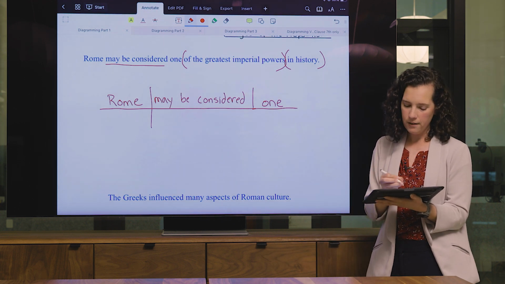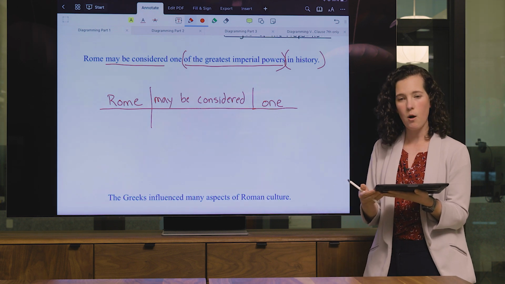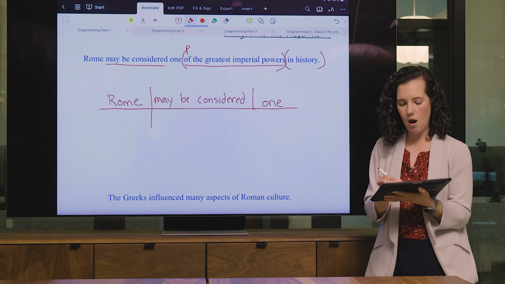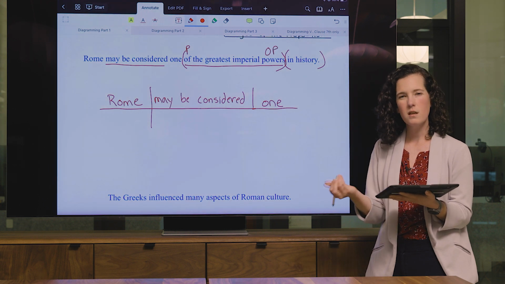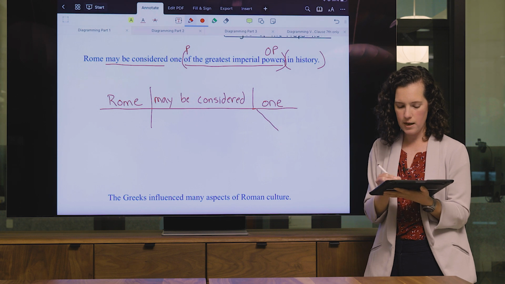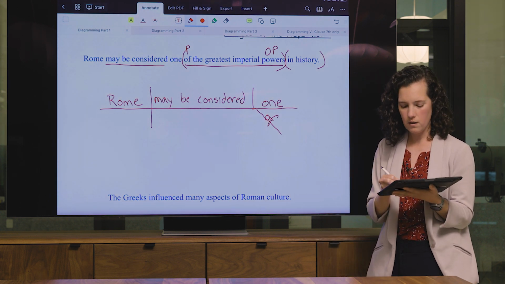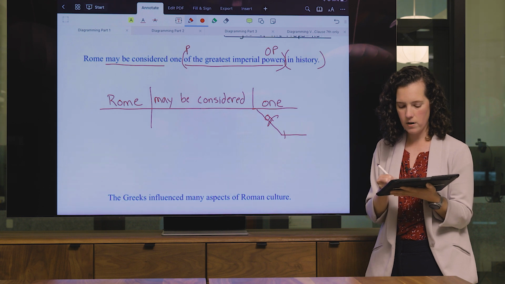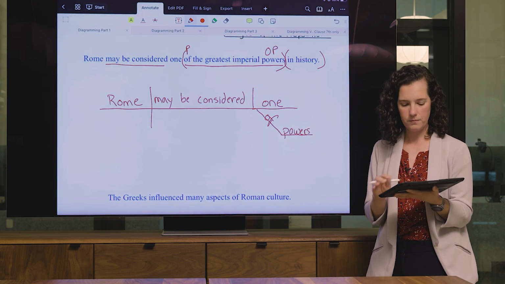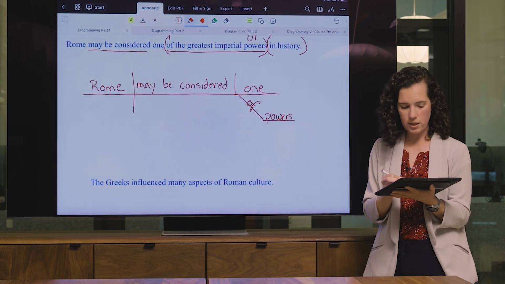So one is being modified by this phrase, of the greatest imperial powers. Of would be our preposition, and then it ends at our object of the preposition, powers, and everything in between are adjectives. So first we diagram our preposition coming off of the word one, and then powers on the horizontal line. Underneath powers, we're going to add our adjectives.